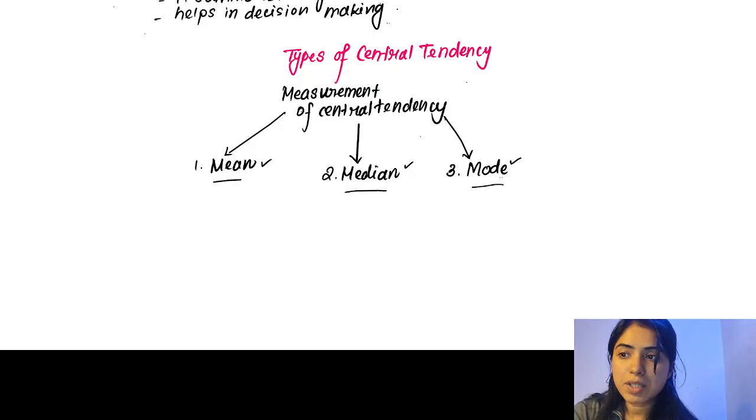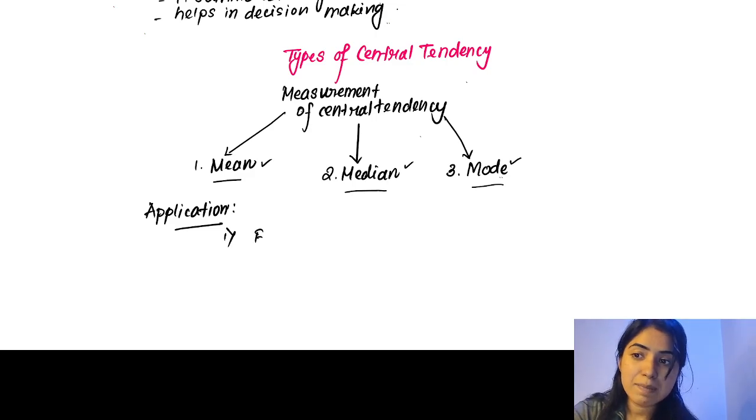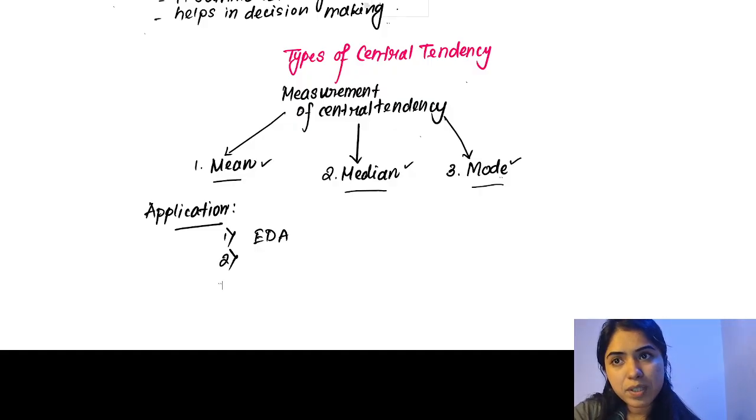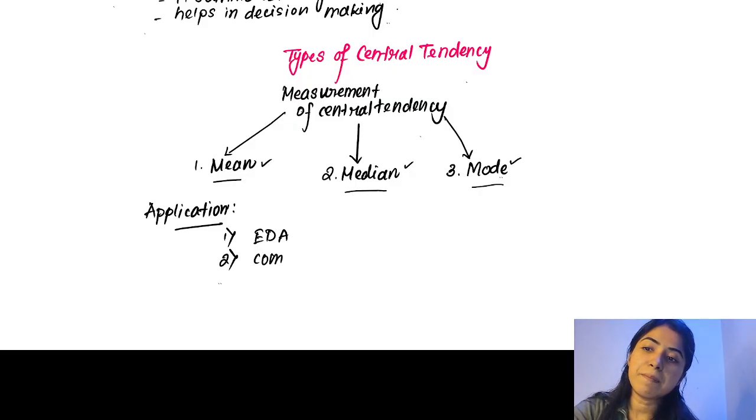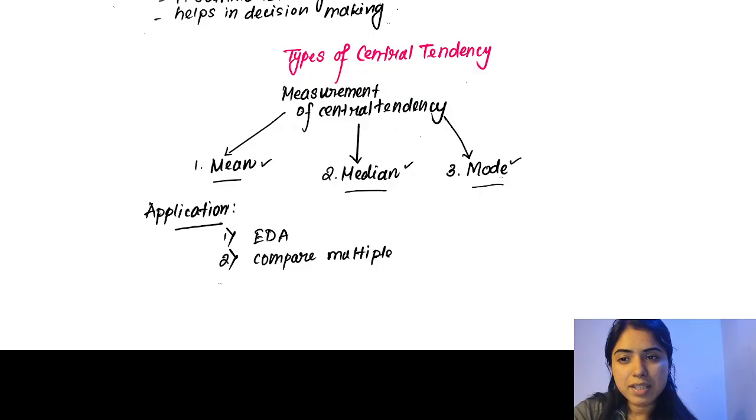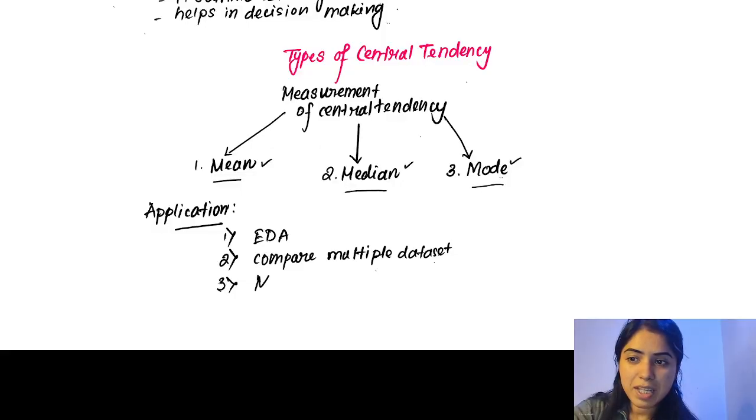Now, the applications of central tendency. Mostly in data analytics, meaning exploratory data analysis, you will use this concept. It also helps you compare data sets; if you are working with multiple data sets, you can use central tendency to compare them. You will also use it in machine learning pre-processing.